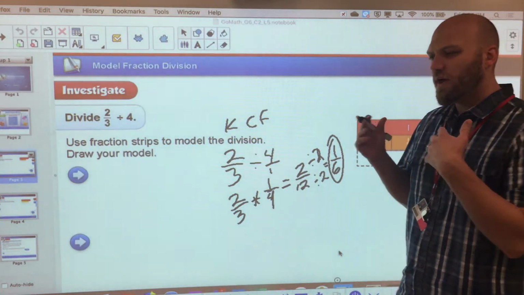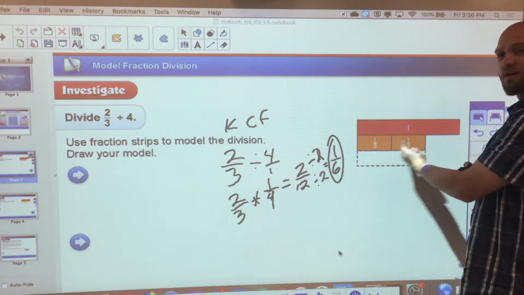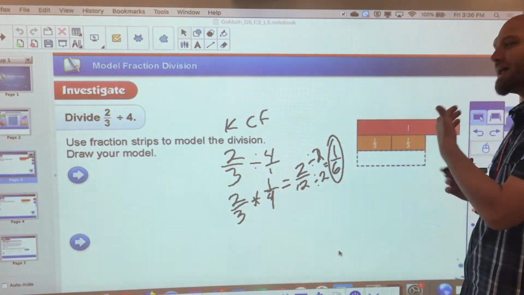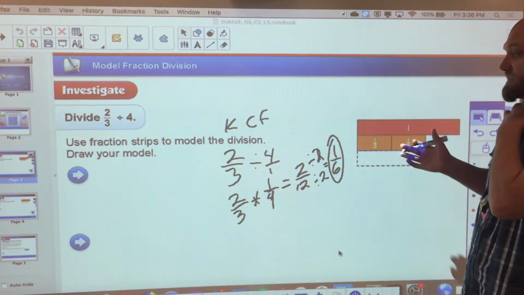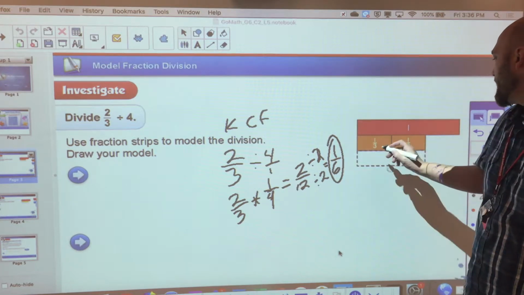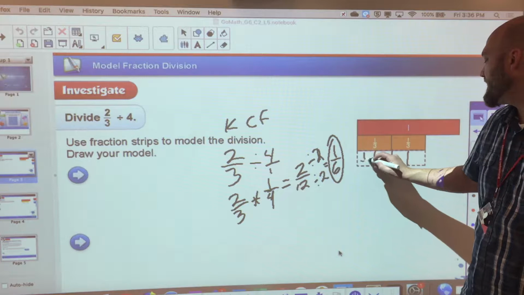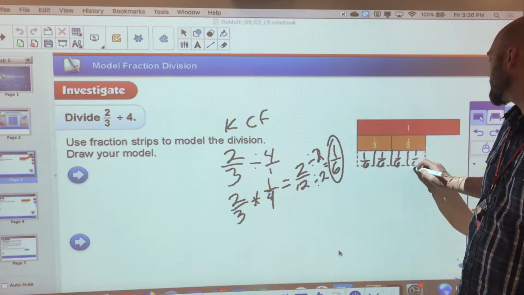If I were looking at that from a fraction strip model, I end up with 2/3 right here. So they're looking at 1 as a reference. I have 2/3, and then I'm going to break those into 4 pieces. So what I end up with is 1, 2, 3, 4. These are sixths.